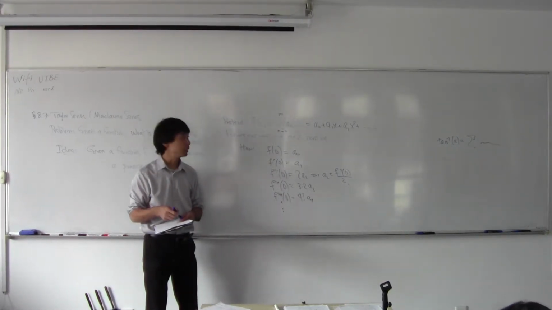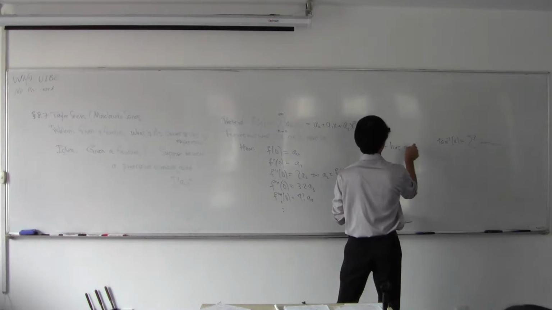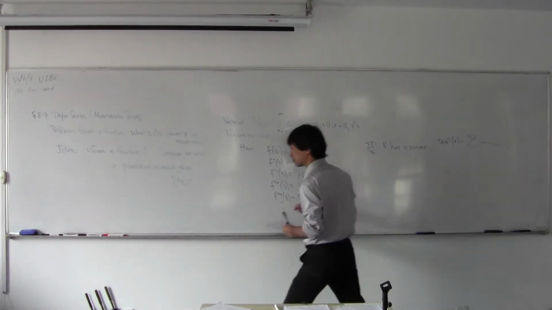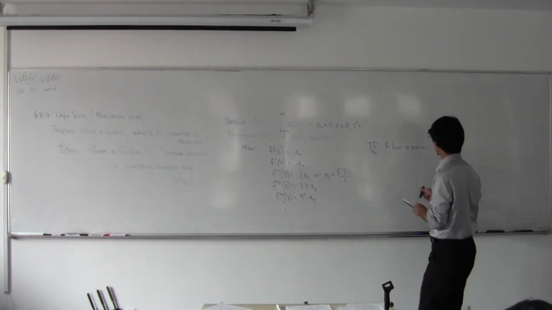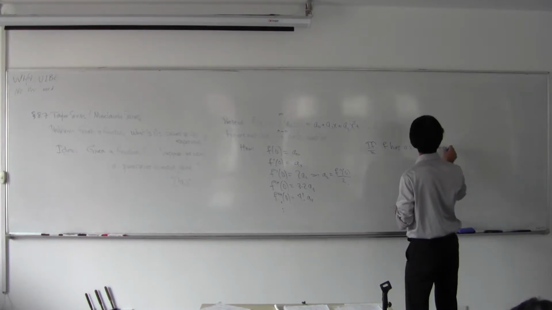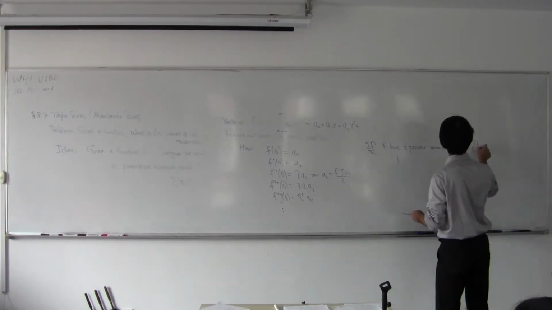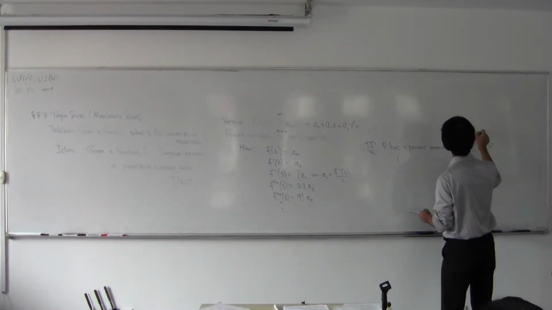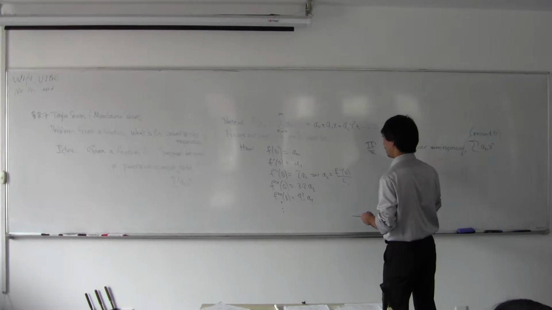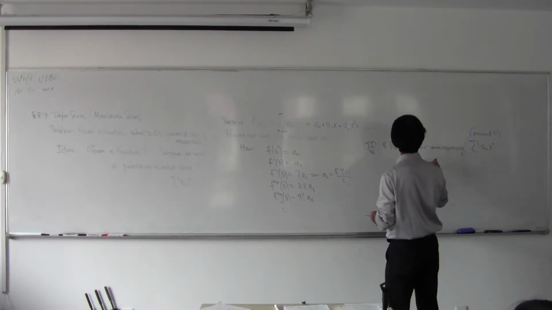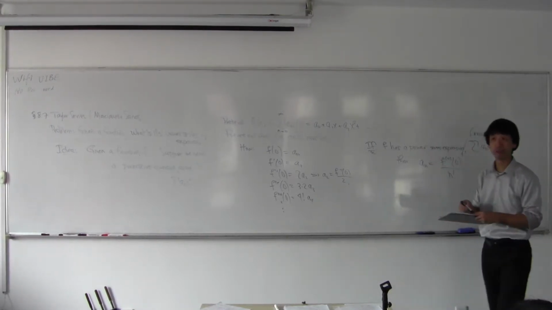And so what you see is that if f has a power series expansion, the summation of a sub n x to the n, a power series expansion around 0, then a sub n has to be the nth derivative of f evaluated at 0 over n factorial.